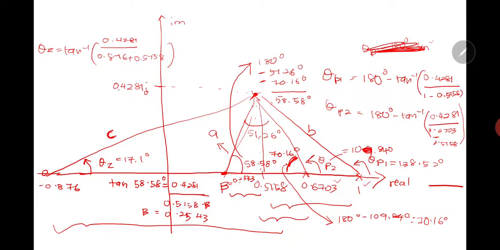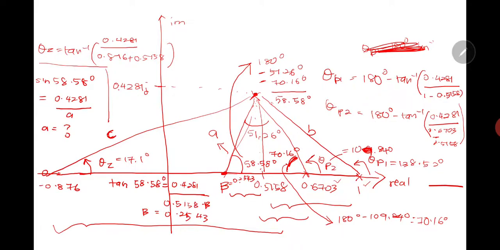So from this diagram, you can see that if you want to find the length of A, we can use the equation sine of 58.58 is equal to the length of this opposite edge over A. So you will get what A is.